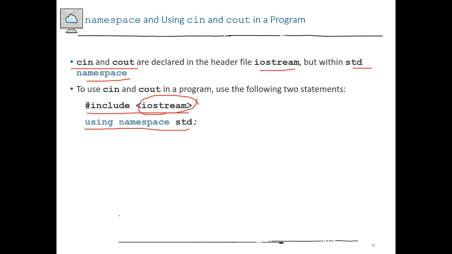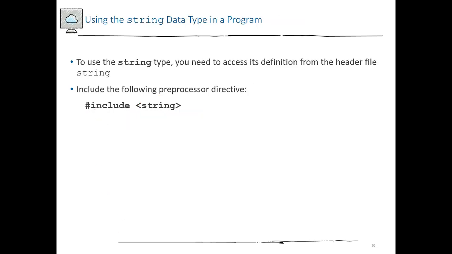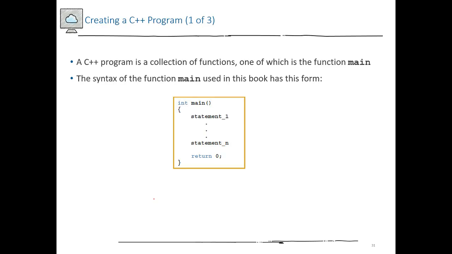And similarly for string, you can do the same thing. You can use the string header file. I'm sorry. All right, so let's go ahead and look at a small program example of how to create a skeleton of a C++ program.